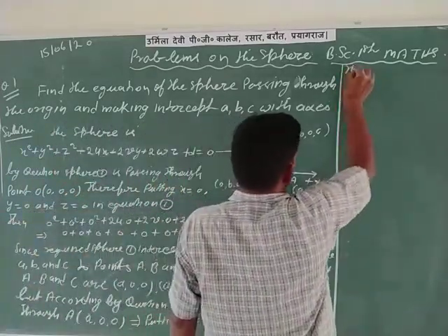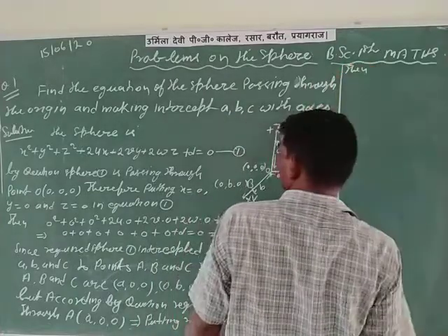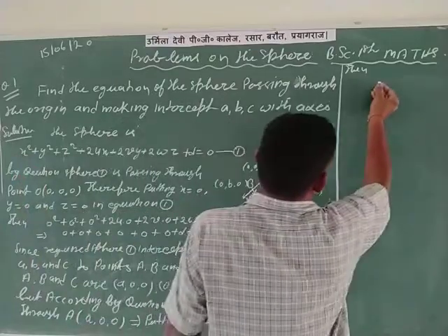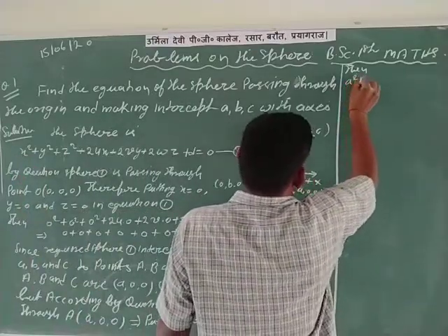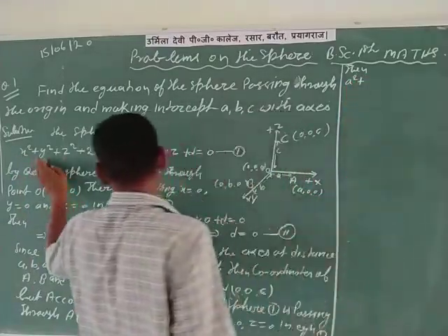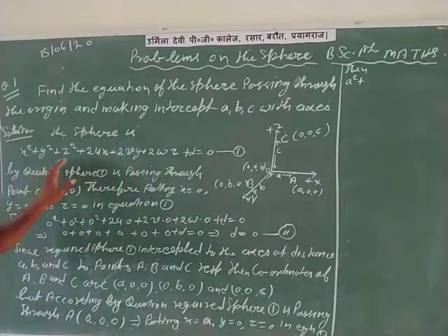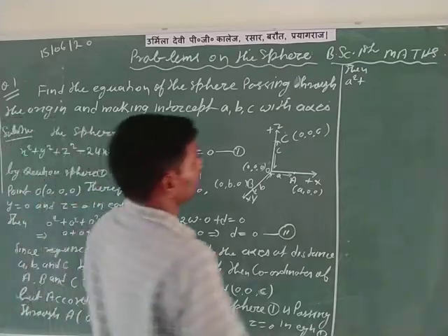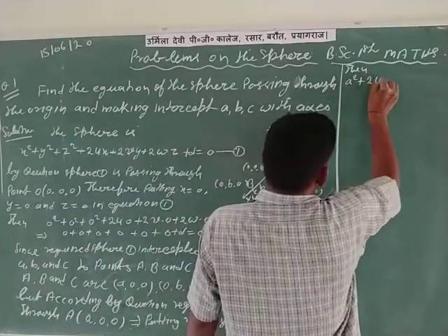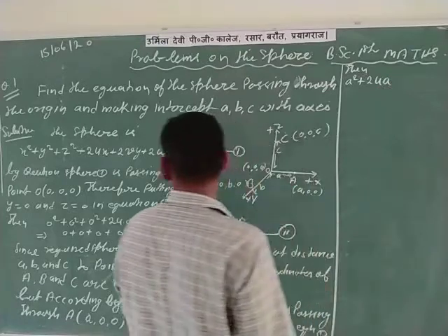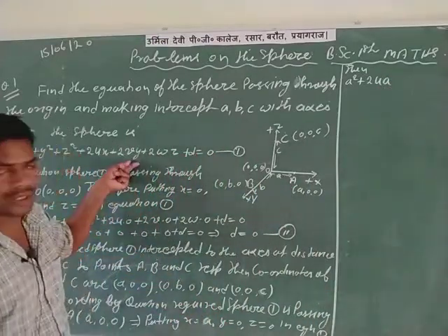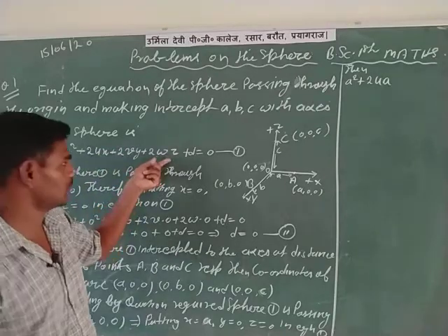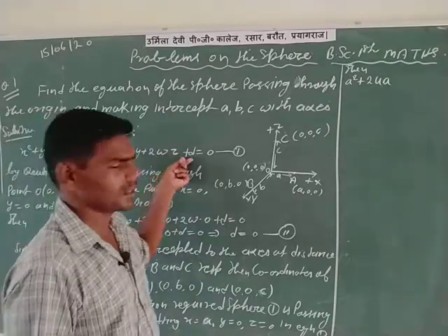Then from equation first, x equal to a means a square, and y equal to 0 and z equal to 0 make those terms zero, plus 2u a, plus 2v times 0, plus 2w times 0, plus d.